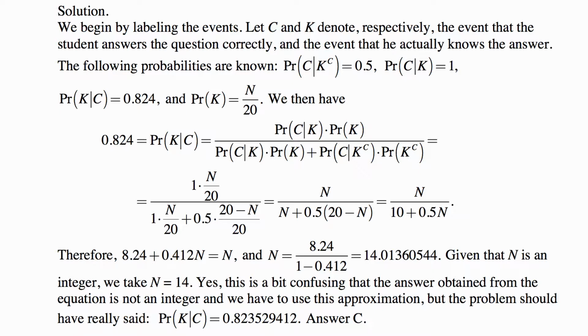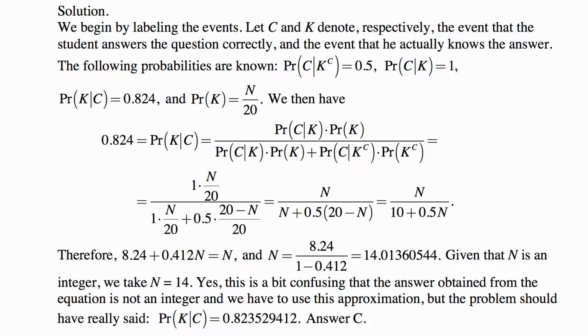This is a form of Bayes theorem, the simplest one, or it just follows from the definition of conditional probability, because if you write the probability of K given C as the probability of K intersection C divided by the probability of C, then the top in this ratio is the probability of K intersection C, and the bottom is the probability of C.